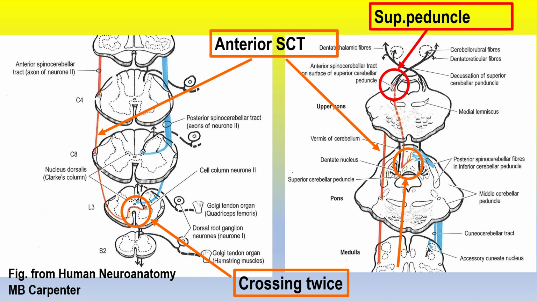The anterior spinocerebellar tract decussates to the contralateral side near its origin, ascends near the surface of the spinal cord as far as the lower midbrain, and then turns inferiorly to travel within the superior cerebellar peduncle.